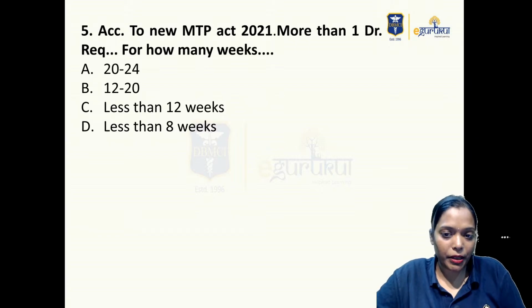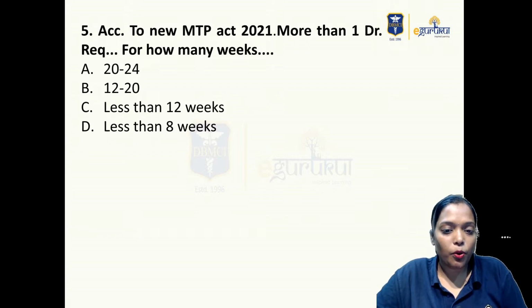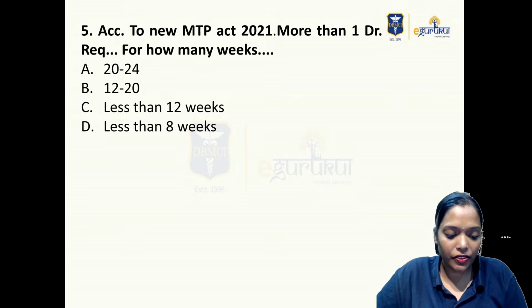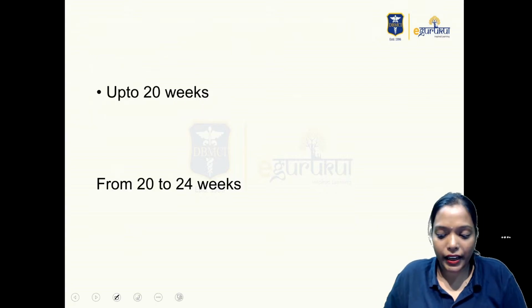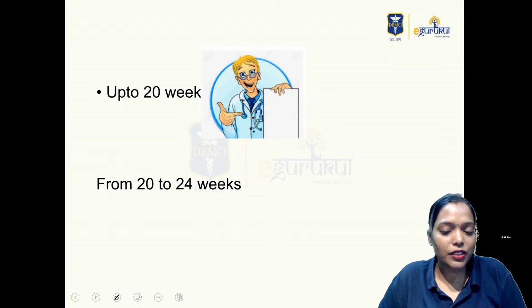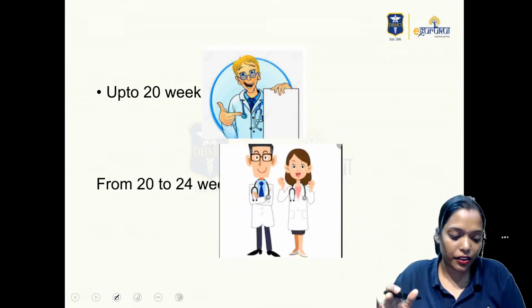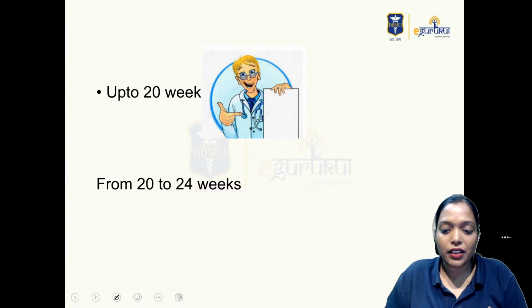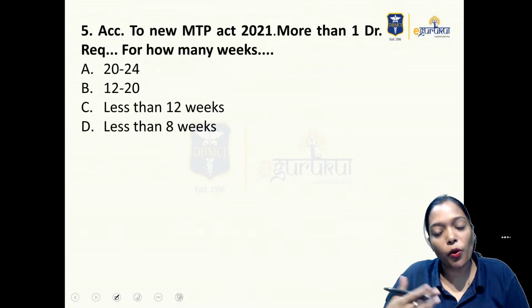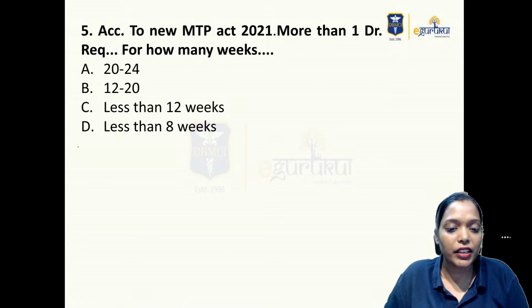According to the new MTP Act 2021, more than one doctor is required for how many weeks? According to the new guidelines, up to 20 weeks, one doctor's opinion. From 20 to 24 weeks, two doctors' opinion. In this question they have asked from how many weeks more than one doctor is required, so it is 20 to 24 weeks.